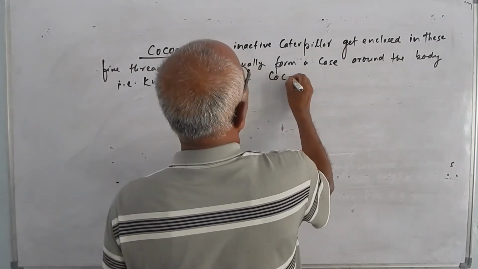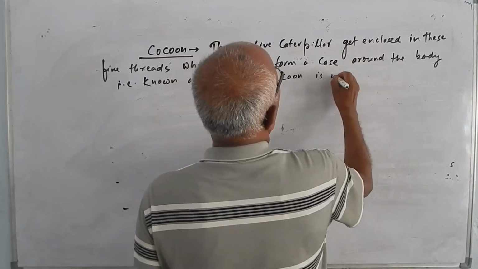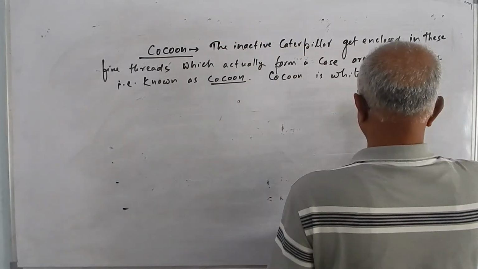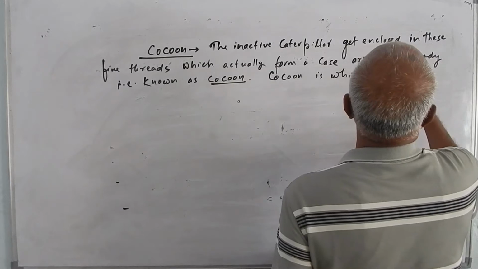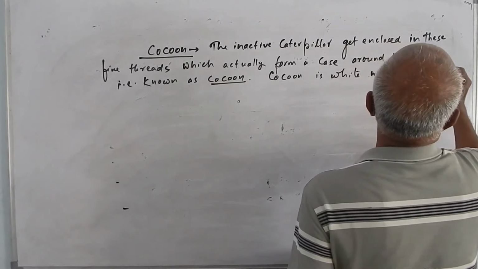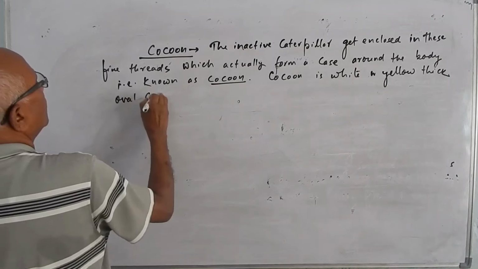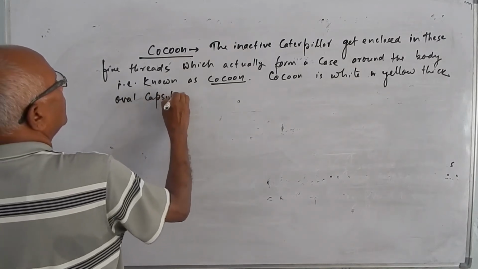The cocoon is a white or yellow, thick, oval capsule.